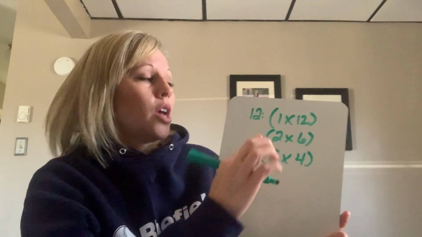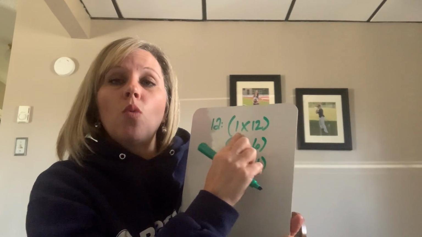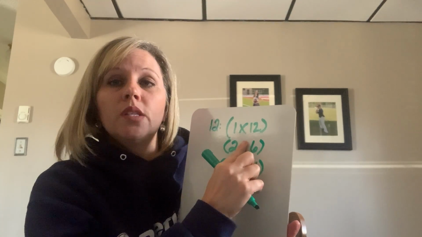Because look at 12. How can I get to 12? I'm going to write your factor pairs. 1 times 12. 2 times 6. And 3 times 4. Those are your pairs. So if I could only get there by 1 times 12, that would mean it was a prime number.